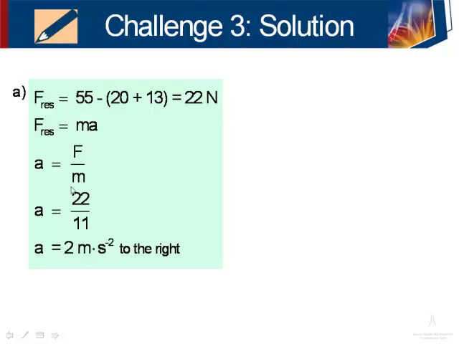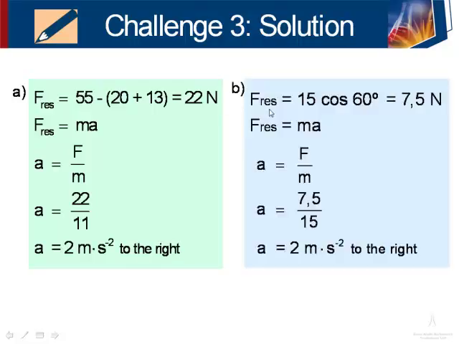So we have 22 newtons divided by 11 kilograms, and we can calculate the acceleration to be 2 meters per second squared to the right. This can be written as 2 m·s^-2, and this is to the right.